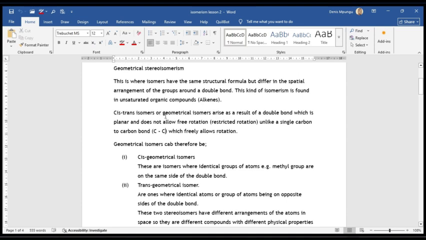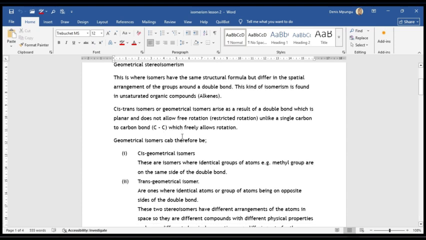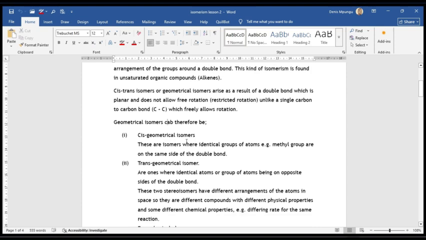They should be of different kinds for this geometrical stereoisomerism to come about. If they are of the same kind, then we cannot have that. Let's say in ethene, where on this side we have a hydrogen and on this side also hydrogen, then that one cannot have cis and trans isomers. It should be possible only if on each carbon there are different atoms or groups of atoms.